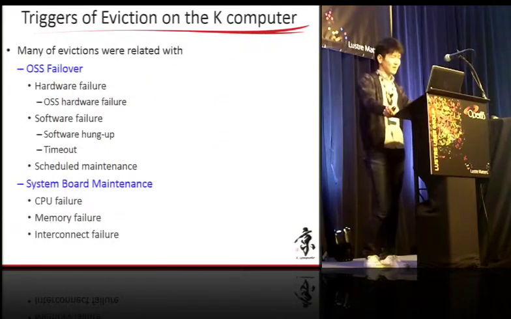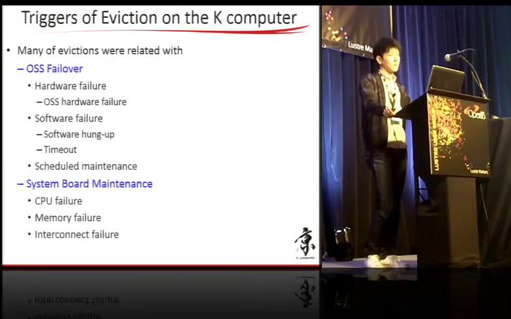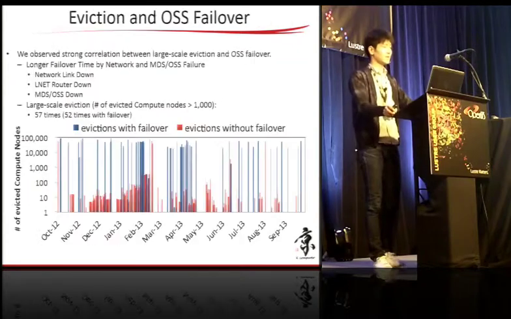We had analyzed the eviction log. What we found is many of evictions were related with OSS failovers and system board maintenance. OSS failover is caused by hardware and software failure and scheduled maintenance. System board maintenance occurs by CPU, memory, interconnect failures.